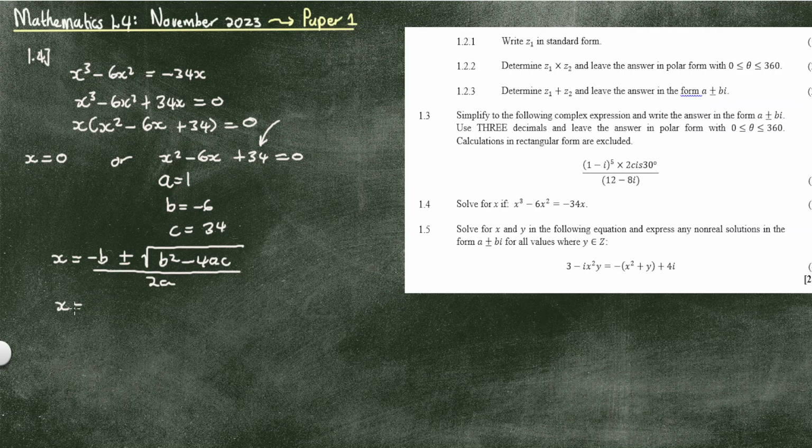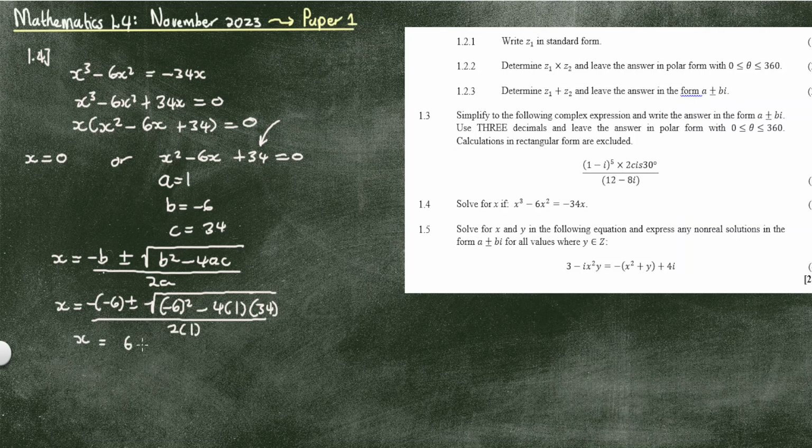Then we solve. b, that's minus 6, so x is positive 6 plus minus the square root of minus 6 squared minus 4 times a, which is 1, times c, that's 34, divided by 2 times a, that's 1.